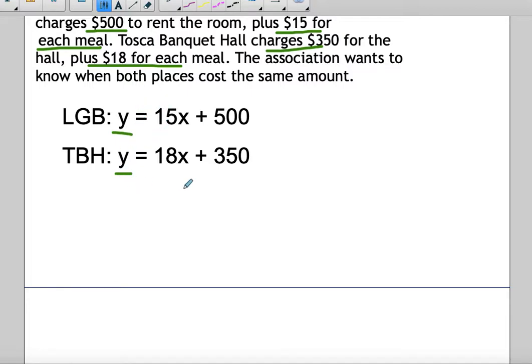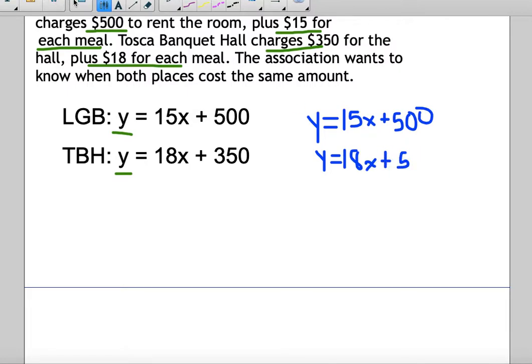So we are going to eliminate these by subtraction. So I'm going to rewrite them out: 15x plus 500. And then we've got the same sign and the same coefficient. We assume here would be 1. So if we think back to our rules with elimination, we are going to subtract.